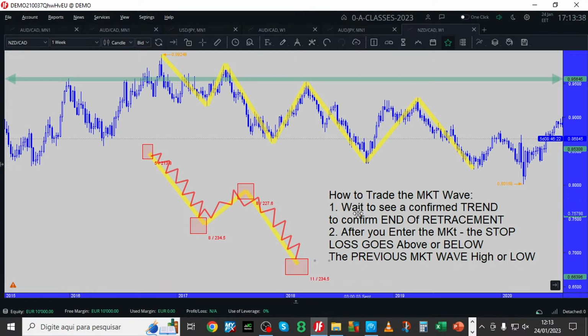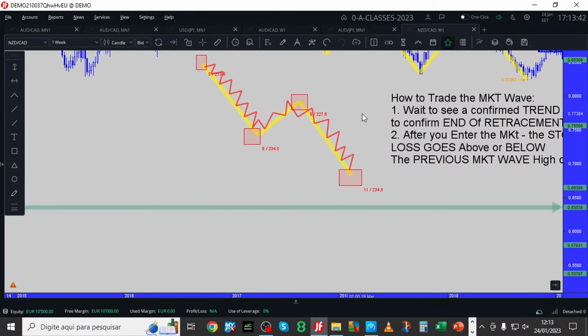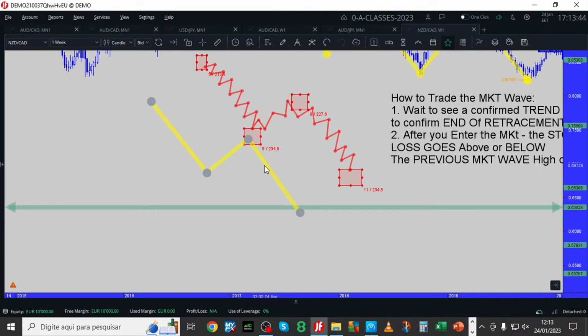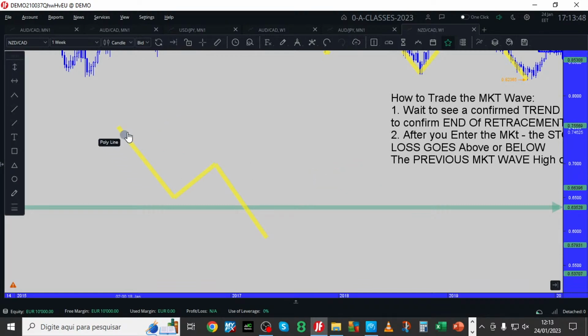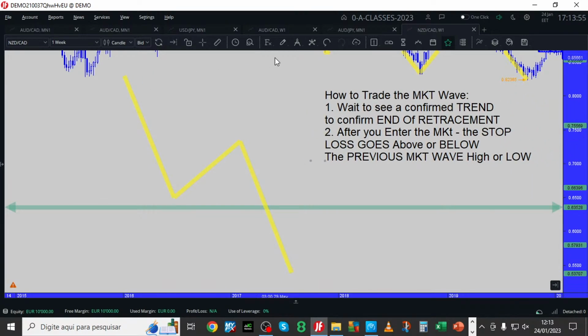Okay, now wait to see a confirmed trend, right? So we have a down market wave, everybody, like this. So number one, wait to see a confirmed trend to confirm the end of the retracement.